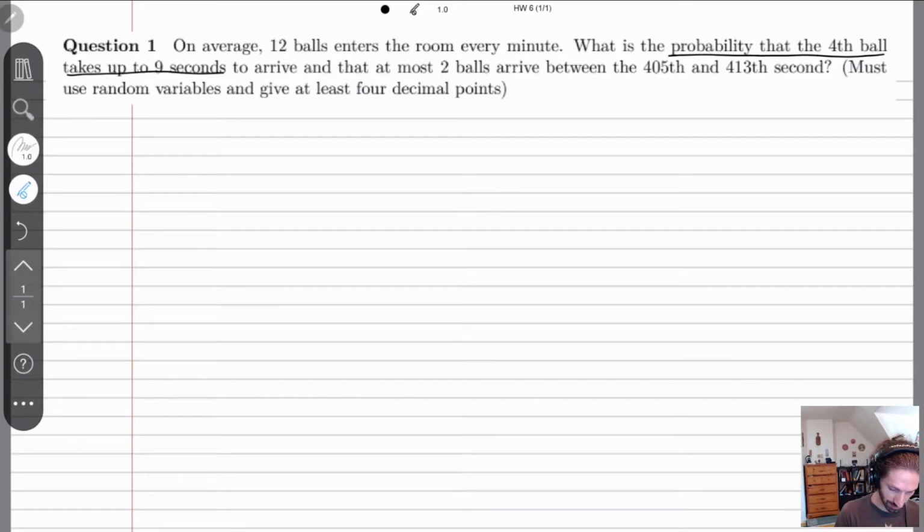It takes up to 9 seconds to arrive, and at most two balls arrive between the 405th and 413th second.